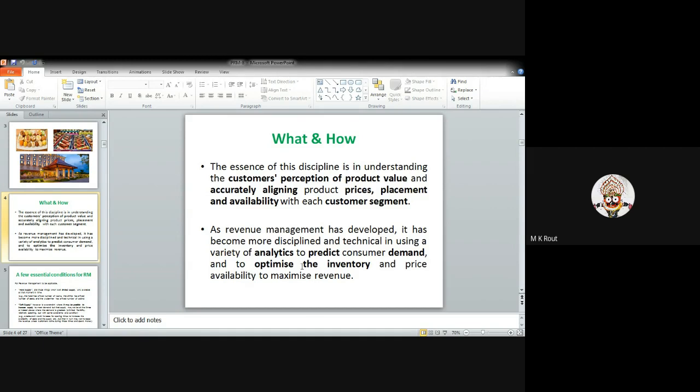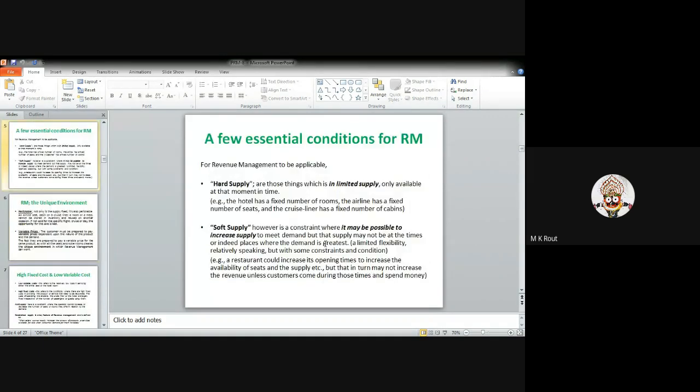Moving to the next one: a few essential conditions for revenue management. With reference to revenue management, they directly focus on two parameters. One is hard supply, another is soft supply. Hard supplies are those which are in limited supply and available at that moment in time.